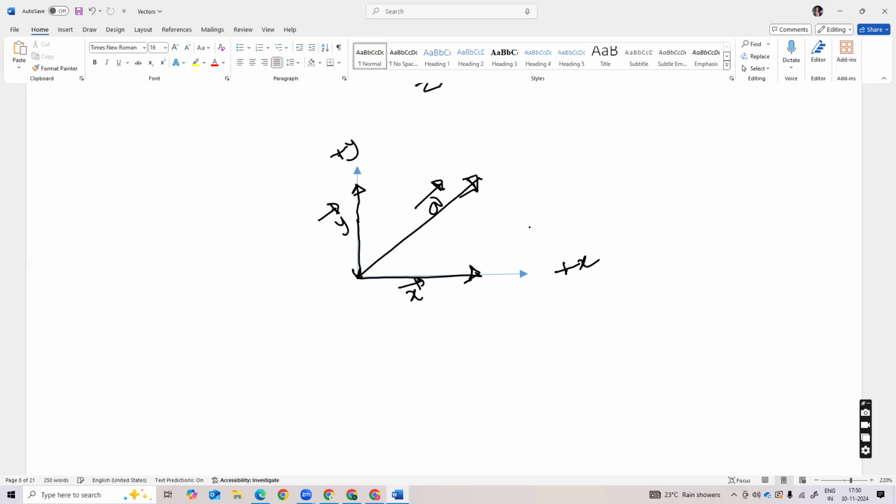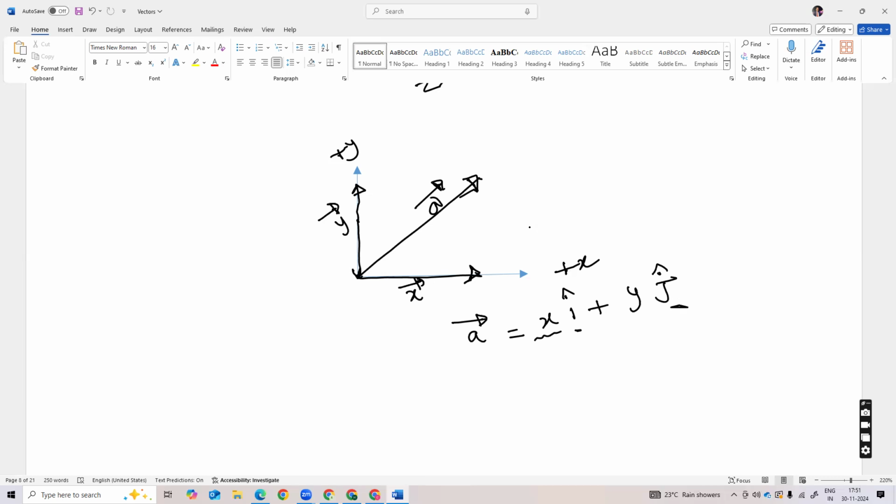So this vector a can be represented as, let's say, xi plus yj. Here x is the magnitude of the x vector, and i, as I told, is showing the direction of positive x, and j is showing the direction of positive y.